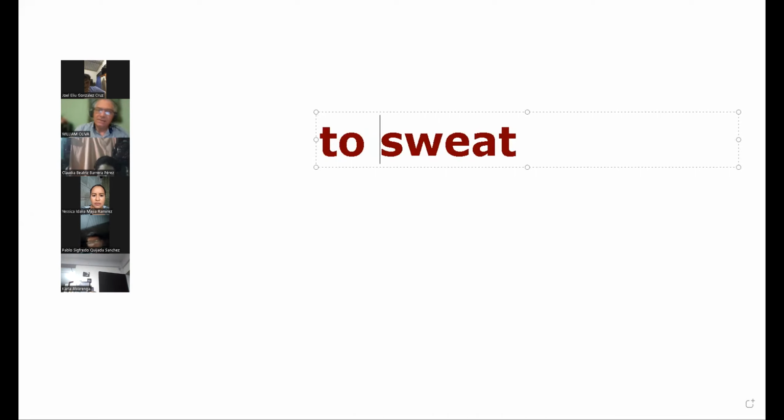Then, if I have sweat, sudar, and I say sweater, what is sweater? Sudadera. Yes? We say sweater. Sudadera is sweater. One more interesting thing.